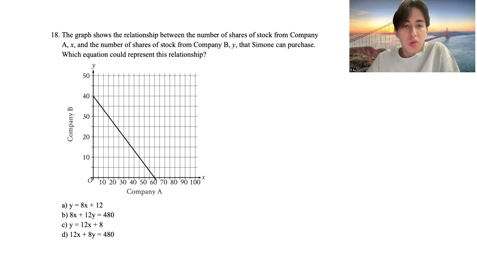So what we have to do is find the equation that represents this relationship. What we can do is first find the slope of this graph. So we know that there are 2 points that are on this line.